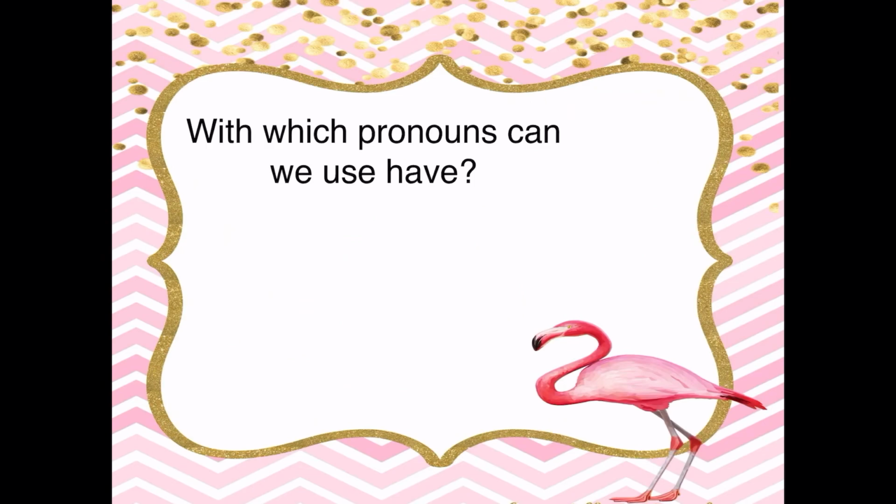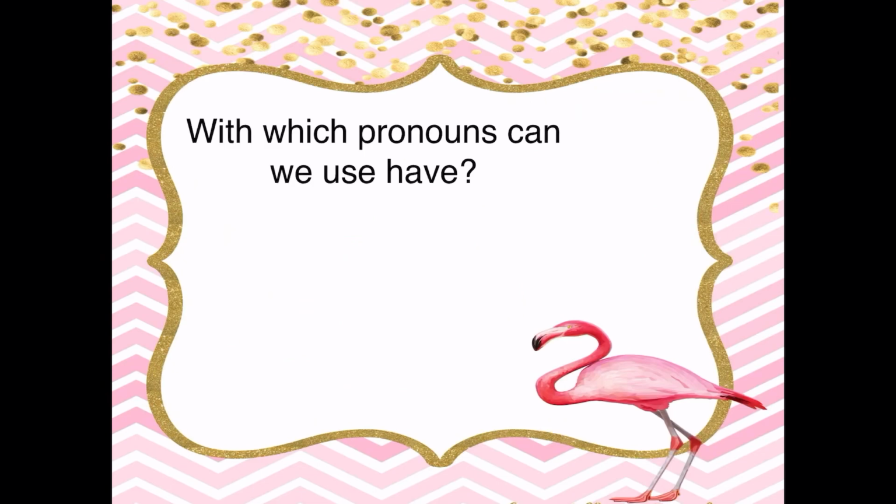You have. And Amal and Sarah have. So, with which pronouns can we use have? I have. They have. You have. We have. And the last one, plural nouns like Amal and Sarah, Layla and Selma have.